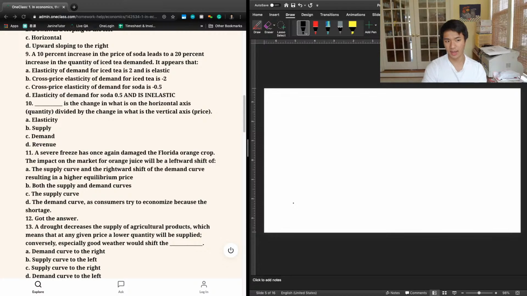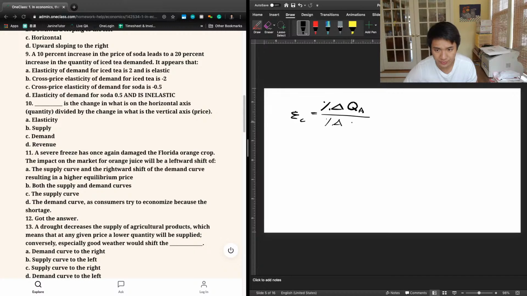We can already eliminate A and D because we're not given information about a price change and a quantity change for a single product, right? And so A and D would not work because we don't have the information to answer those two. So it's either going to be B or C. Now looking at cross-price elasticity, the equation is given by the percentage change in quantity demanded of good A, our primary good, divided by the percentage change in price of good B. In this case, good A is going to be iced tea, or actually we can try both.